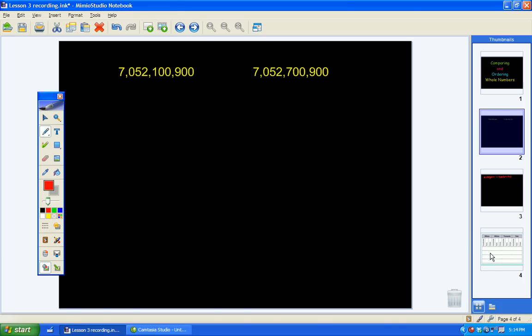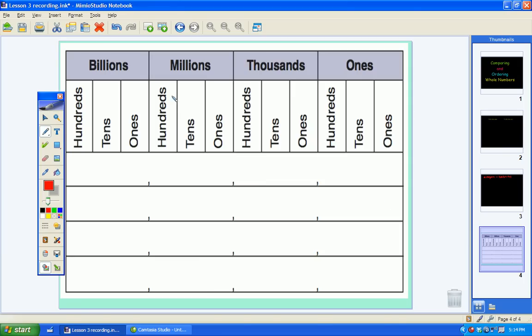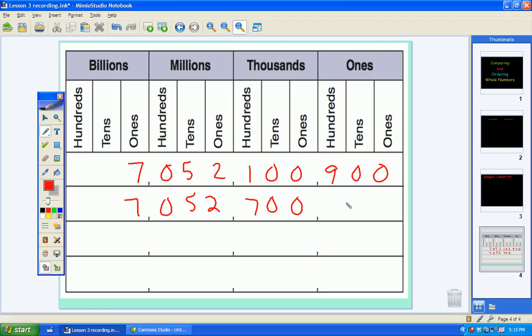than. So we're going to take those two numbers and we're going to put them on a place value chart. A place value chart is super helpful in comparing numbers because it lines our numbers up for us. So I'm just rewriting those two numbers. You don't have to write this, you just need to watch me. Okay.